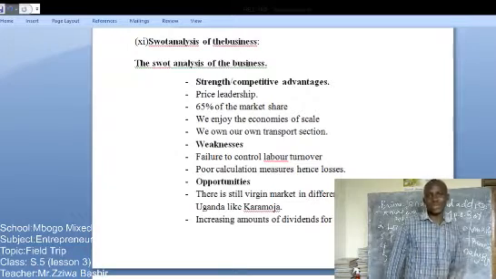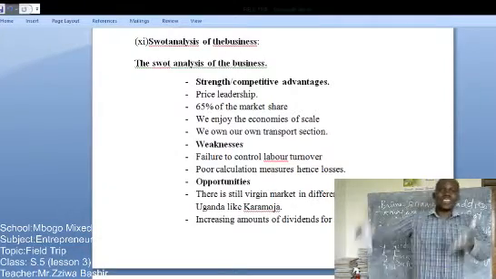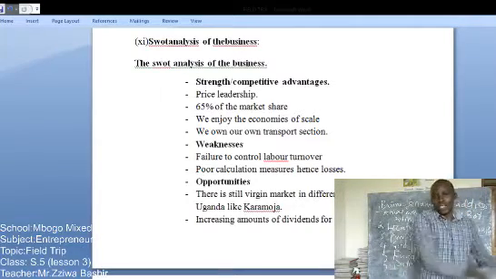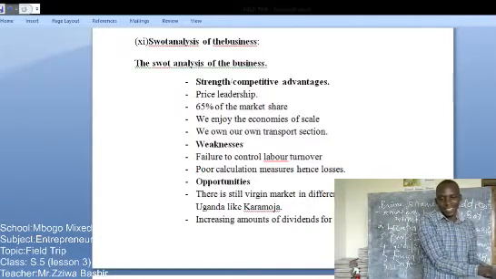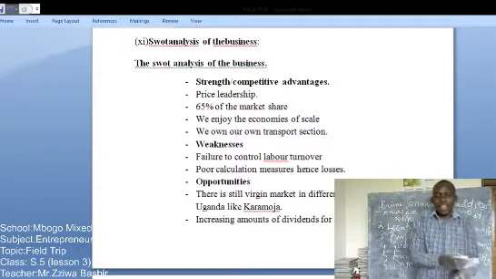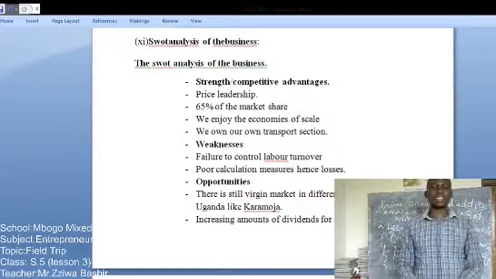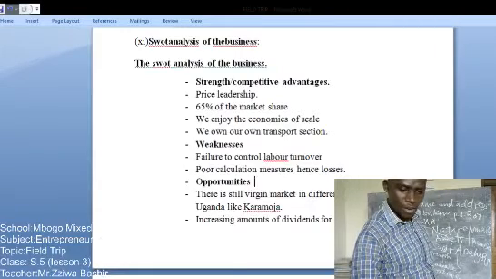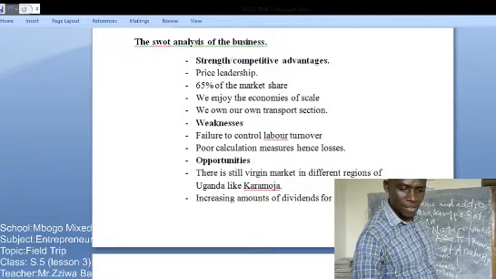Opportunities would include the following. Those ones are coming from outside, but they positively contribute to our business. There is a presence of a very big market. For example, in Karamoja, where our products are normally highly demanded.